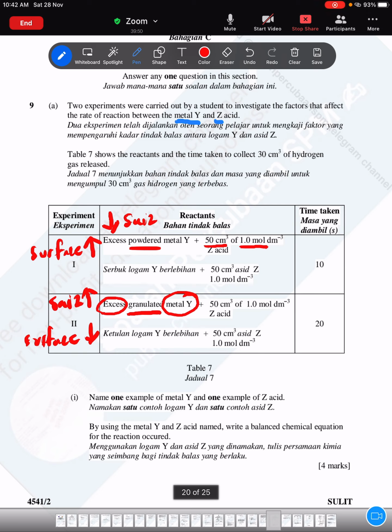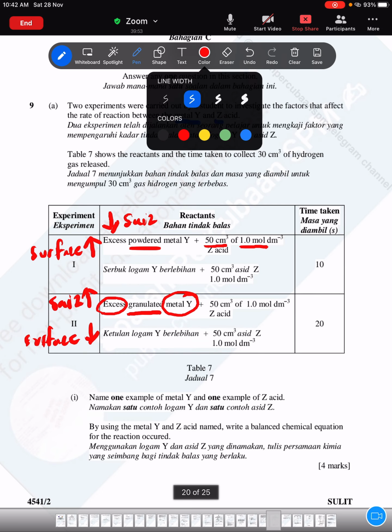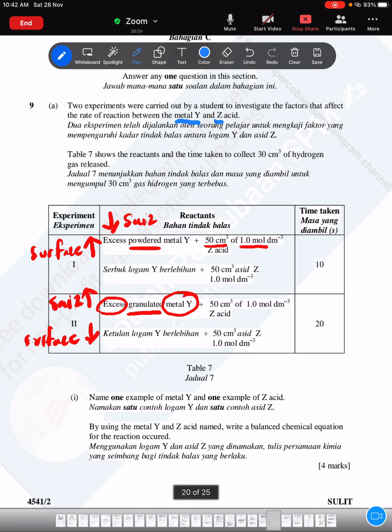Automatically, you already get a clue that, my dear students, the first one is going to have a higher rate of reaction. Okay. Don't be so excited answering the question. Try to understand the need of the question before you really answer it. And on the second one, you notice it will have a lower rate of reaction.